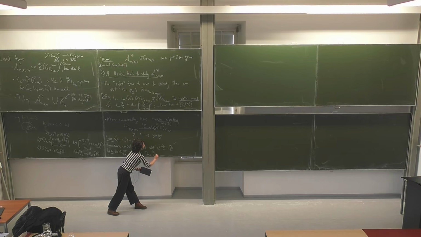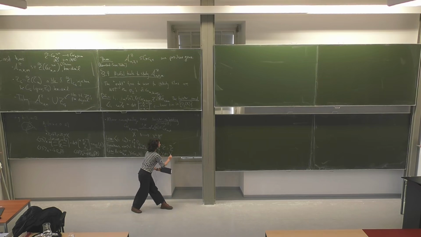Z double tilde of A is equal to y if and only if y is perpendicular to A.